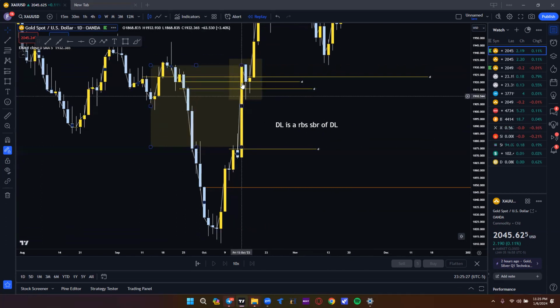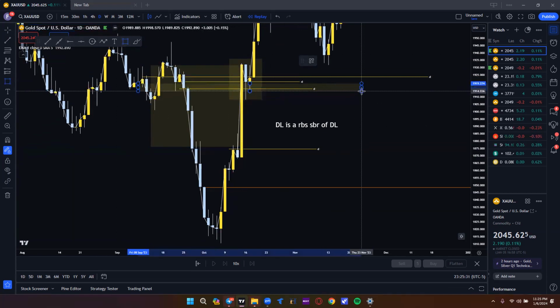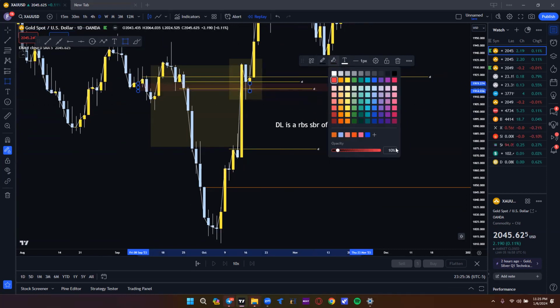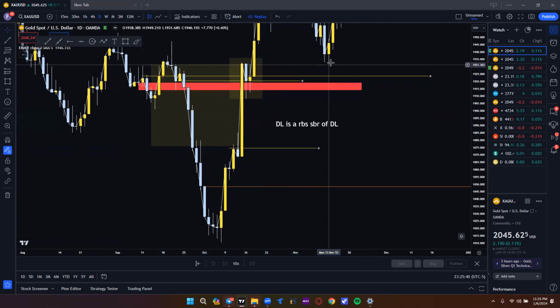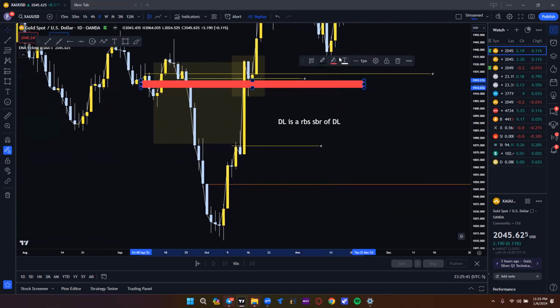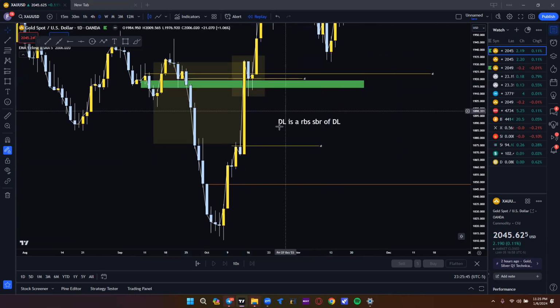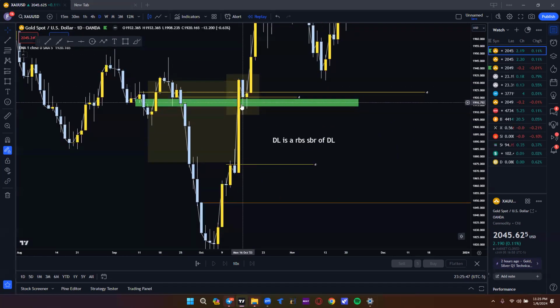We can see that price breaks above these levels, and then the zone, right? It's red. It was broken, so then it becomes support. Then you see that it's getting rejected, and then you can buy from these levels.